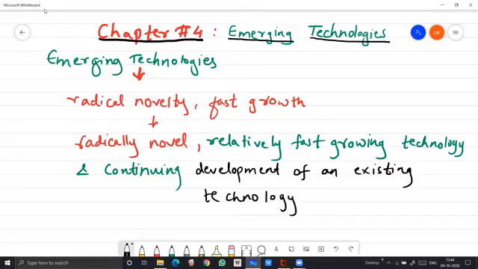Students, these are a few definitions of emerging technologies.